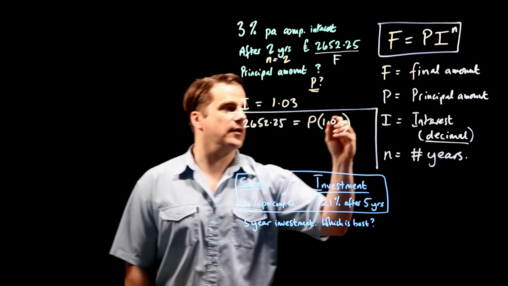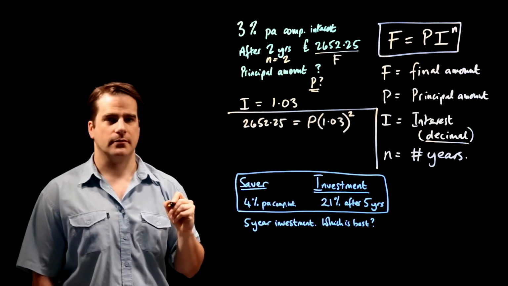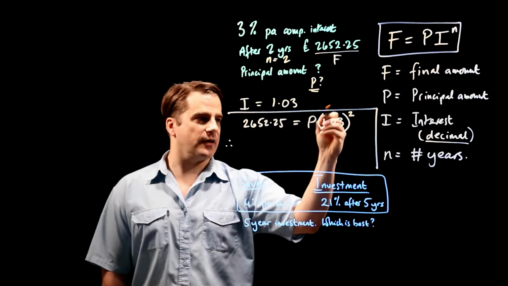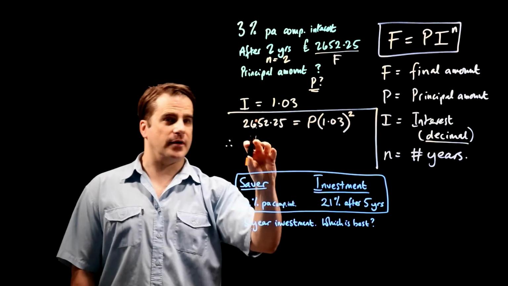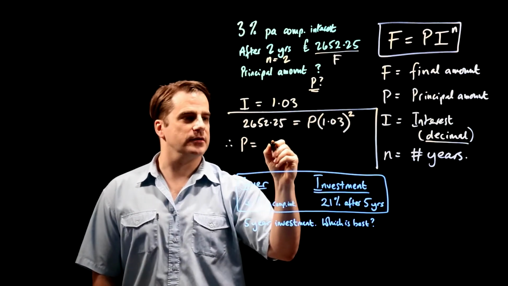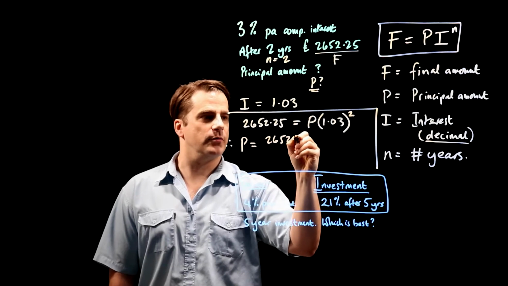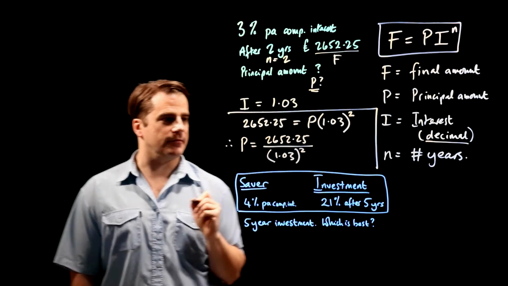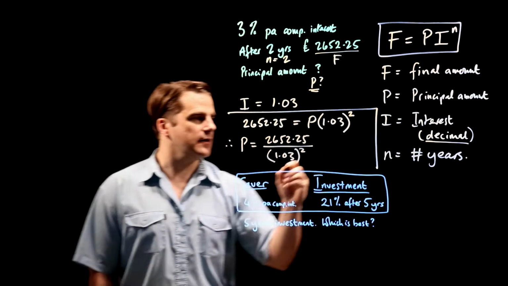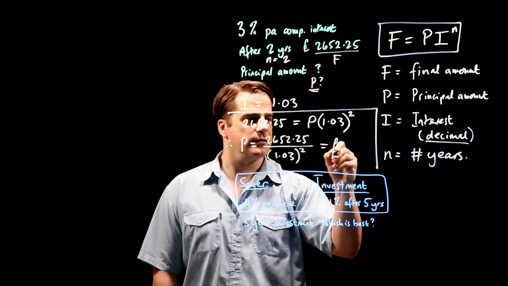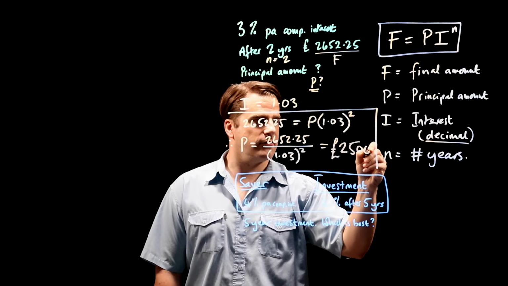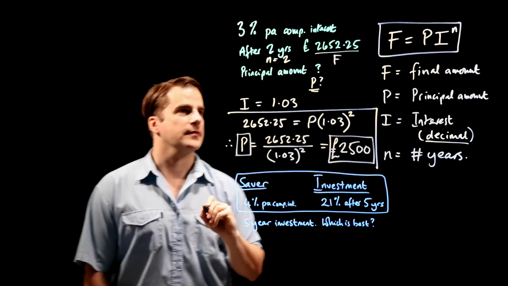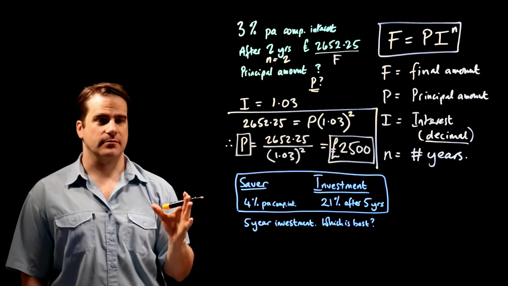And N is number of years, N is 2. So, rearrange that for P. Divide both sides by 1.03 squared. And we get P equals 2652.25 divided by 1.03 squared. Stick that in your calculator, and it turns out to be exactly 2,500 quid. So that is P. That's how much he started with.